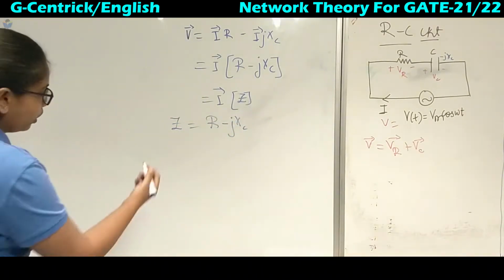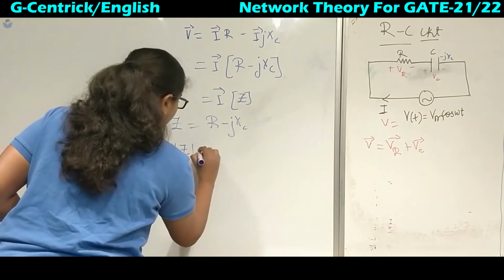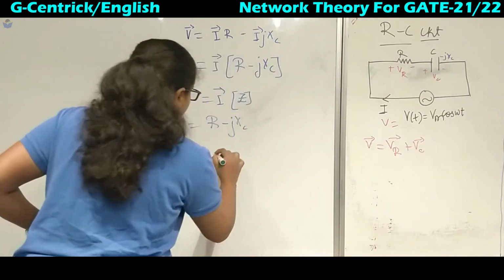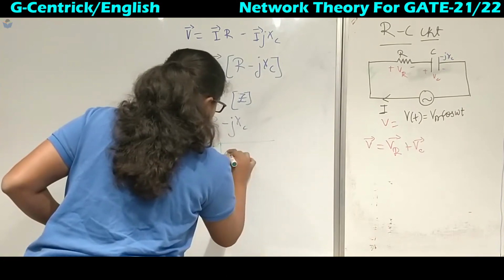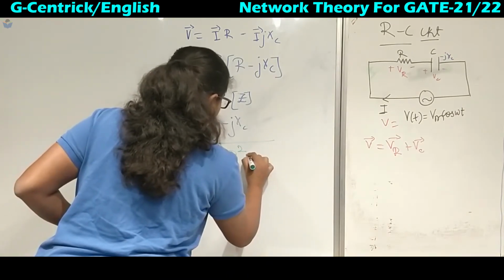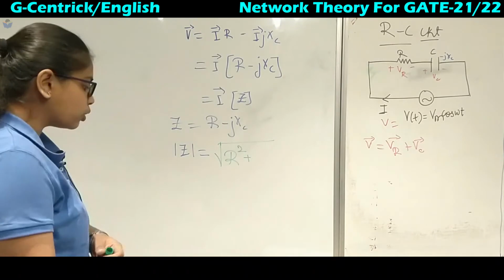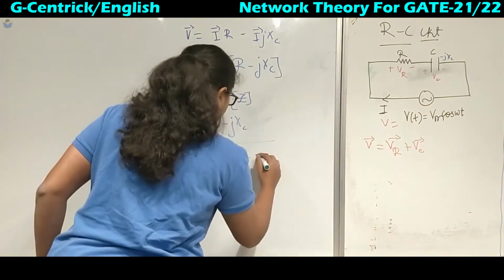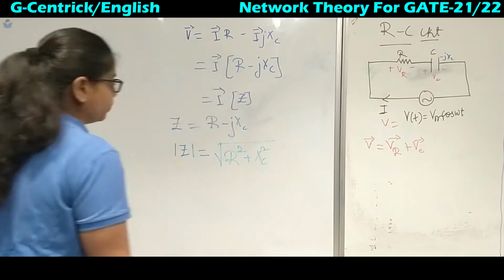Now if I have to take the magnitude, I write R square plus Xc square. Whether it is plus or minus, it will be the same value.